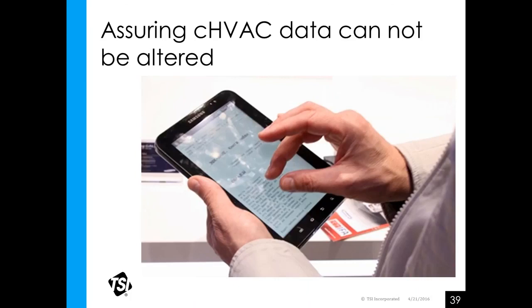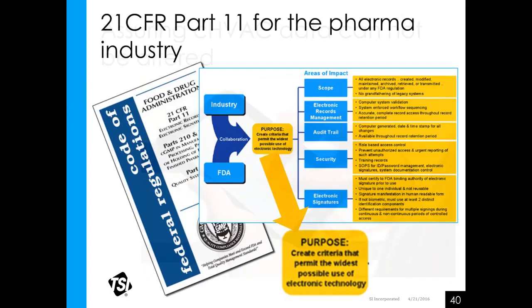For example, the pharma industry. There's a federal law, 21 CFR, Code of Federal Regulations. It originally was written to permit a wide use of electronic technology. Well, the problem is that allowing anybody in critical HVAC to have free access to the data to go in and modify it anytime they need is just not acceptable.